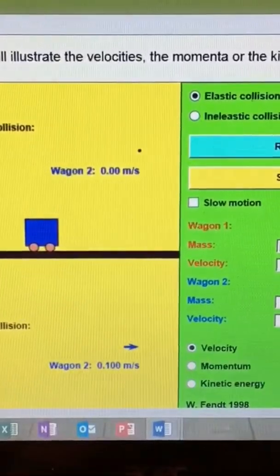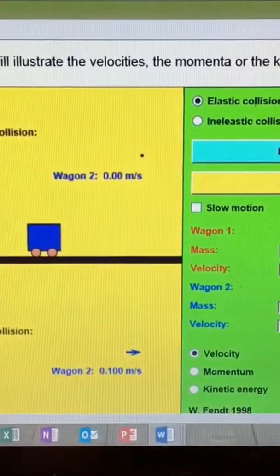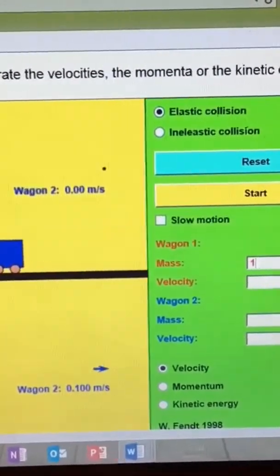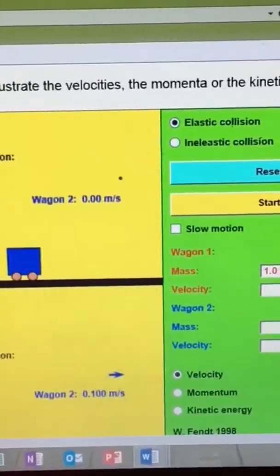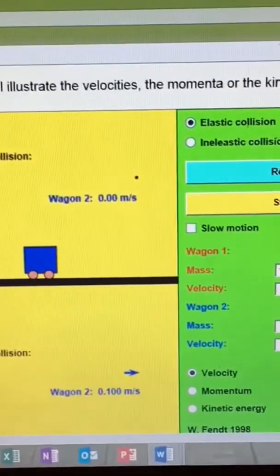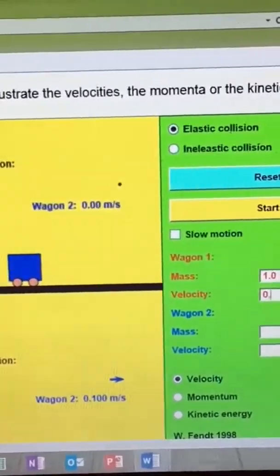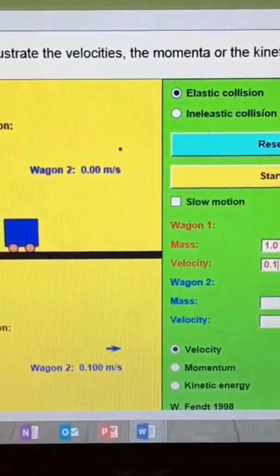When we reset our system, we will set the mass of the red cart to 1.0 kilograms, and we will set the initial velocity to 0.1 meters per second.